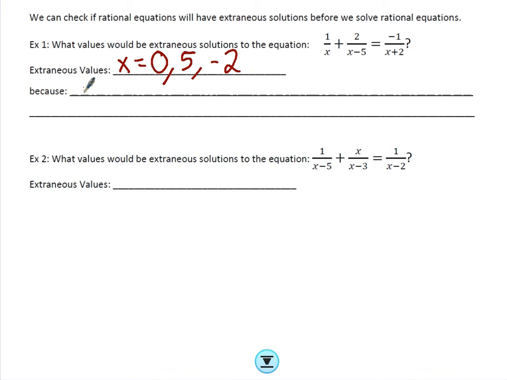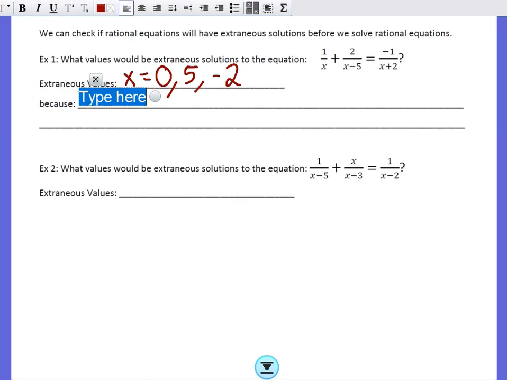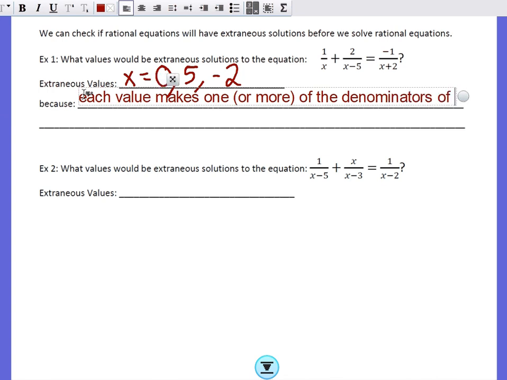They're extraneous values because each x value makes one, it could be more, but in this case one of the denominators of the original equation equal 0.